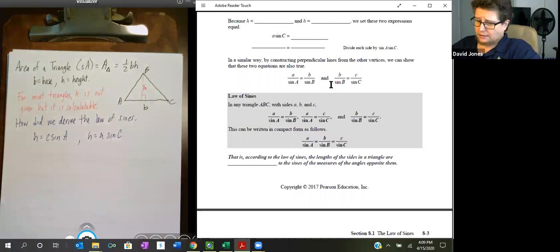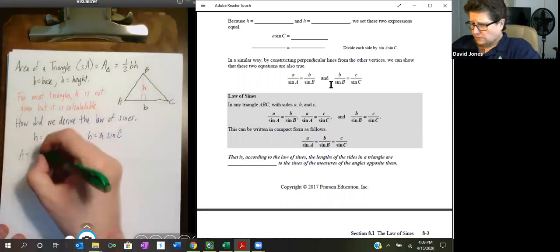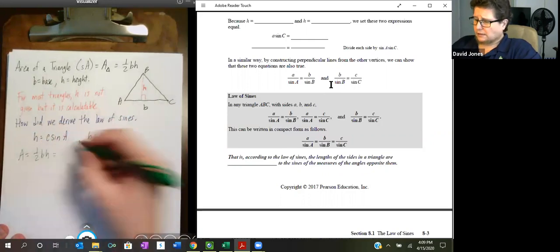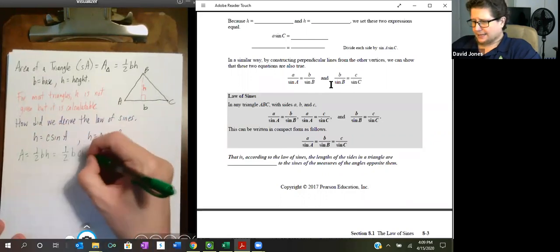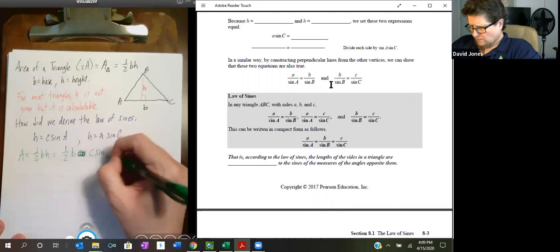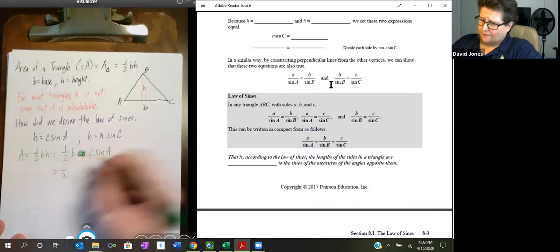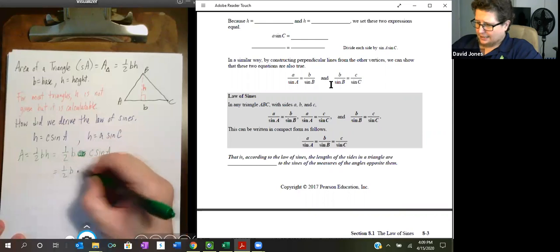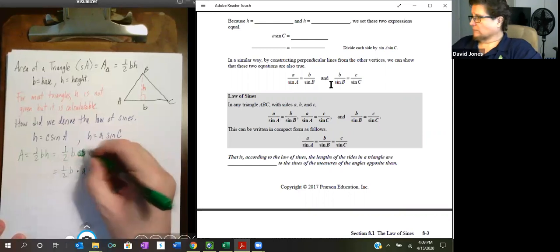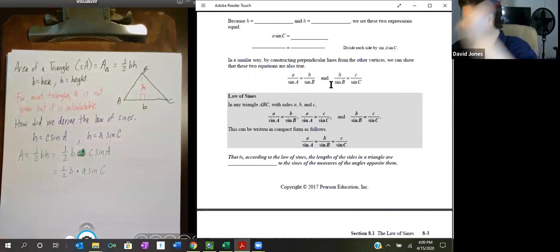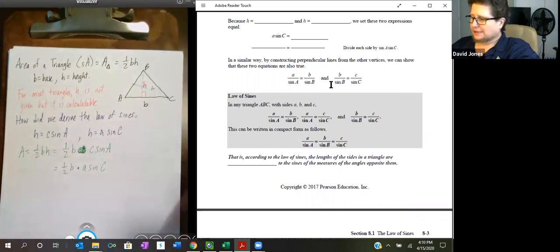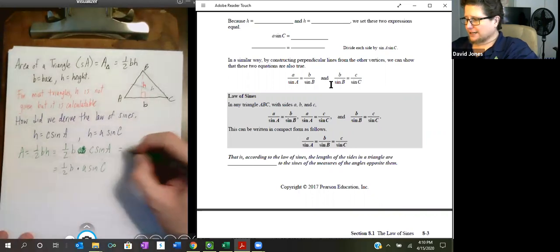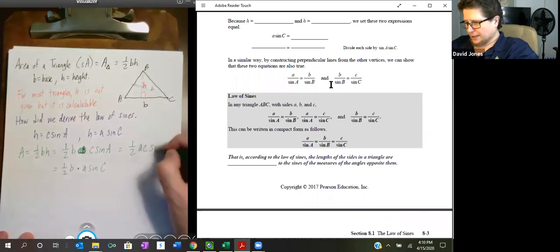H. It's 1/2. I can do B times C sine A. I can do 1/2 B times A sine C. And if we made the H go in that way, you can effectively write this as 1/2 AC sine B.